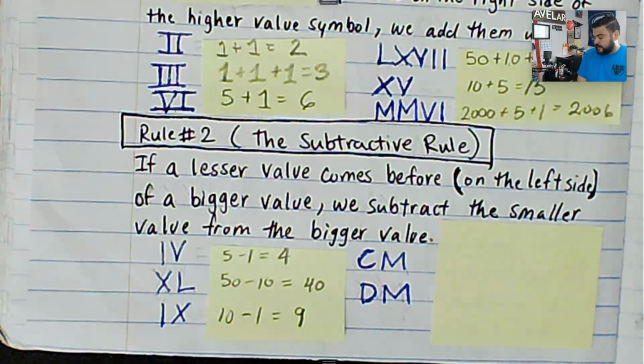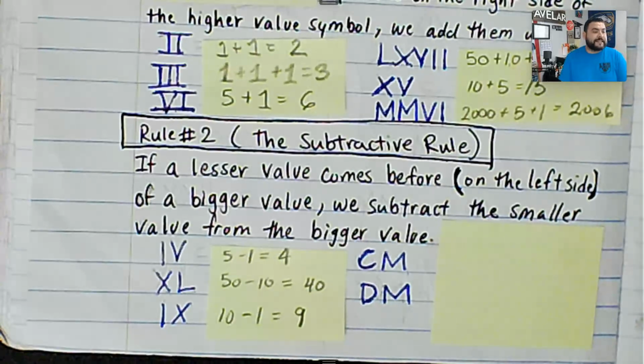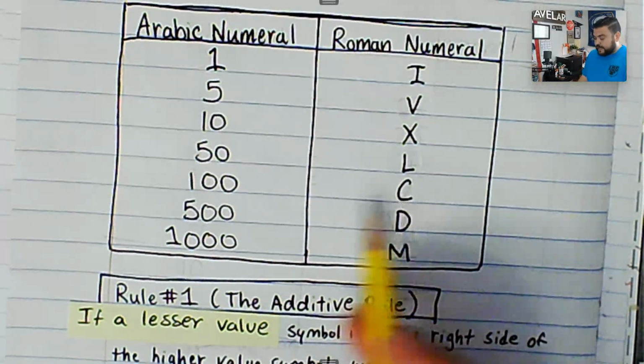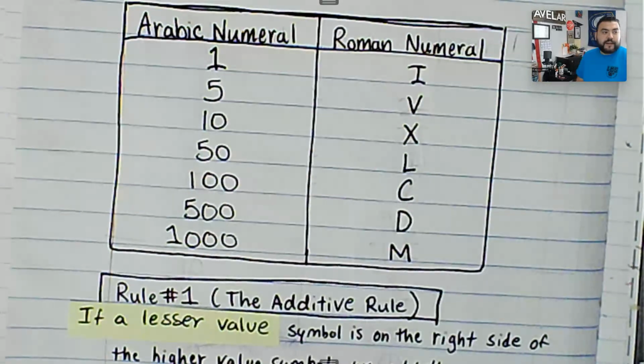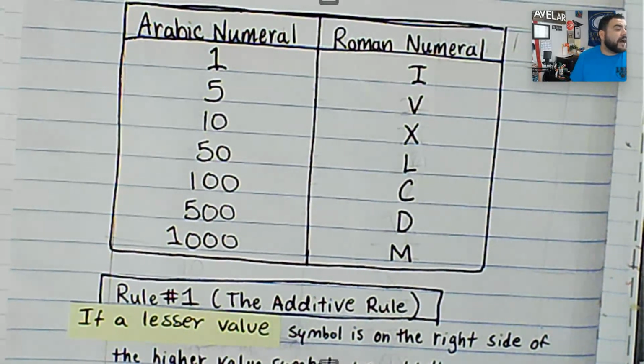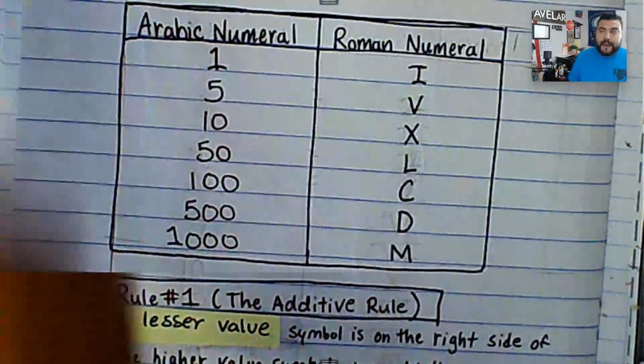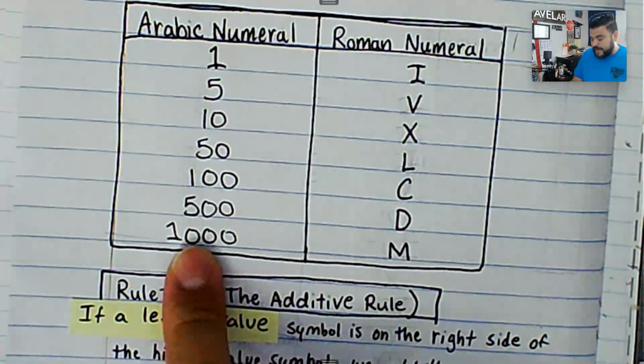Now let me tell you something about C. In Spanish, how do you say 100? Cien. So if we look back at the table, C, cien, 100. Or if you think about a century, how many years are there in a century? 100. How do you say 1,000 in Spanish? Mil.